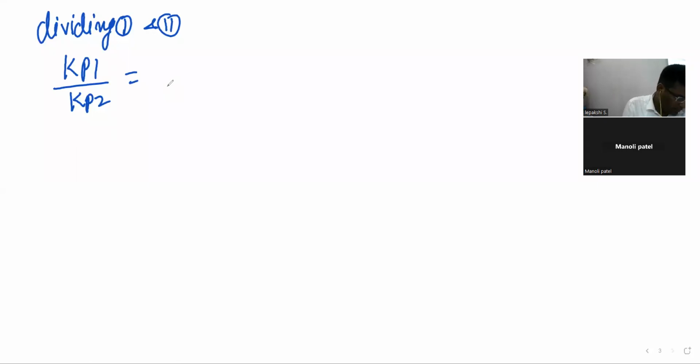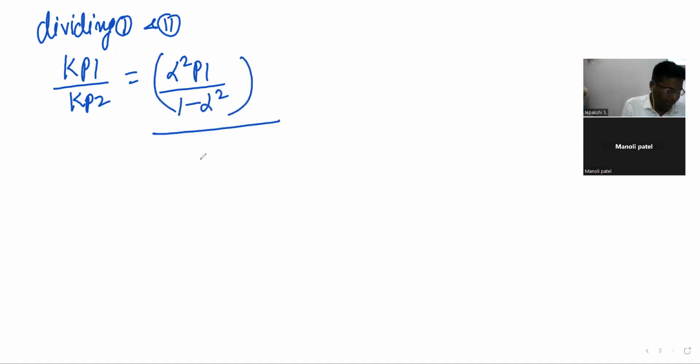So Kp1 value is what? That is alpha square P1 divided by 1 minus alpha square, divided by Kp2 value. So write here Kp2 value, that is 4 alpha square divided by 1 minus alpha square into P2.